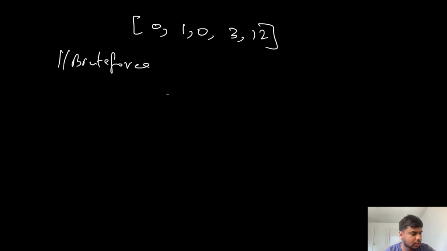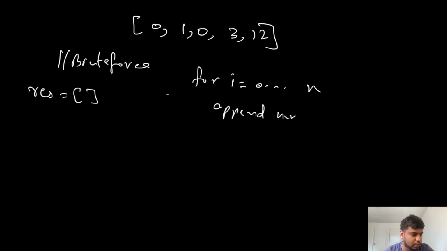let's say you were allowed to use extra space, because if that is the case, that's the most brute force way of doing it. If you were allowed extra space, you would basically go from i equal to 0 to n, append nums of i not equal to 0 to res, and you would also count zeros.